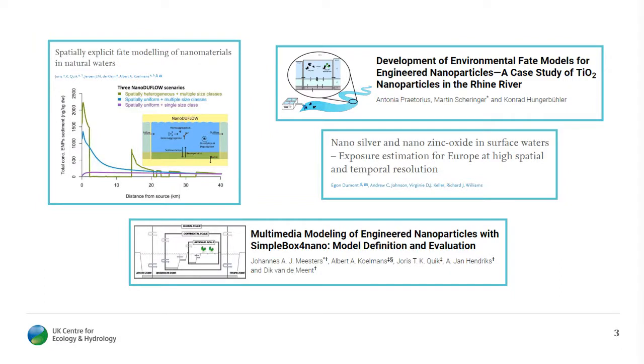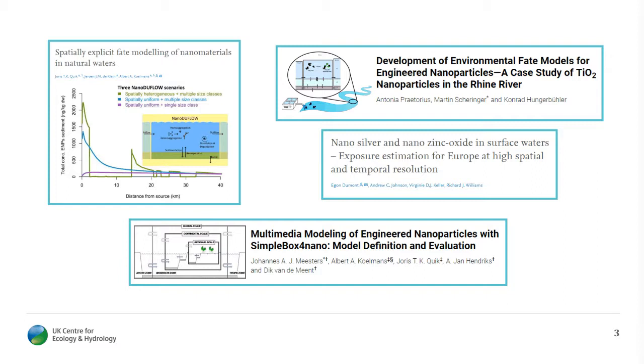And accordingly, over the past decade or so, there's been a plethora of different nanomaterial exposure models created of a variety of different shapes and sizes. So we have multimedia models, box type models that give you spatially average distributions in different environmental compartments. And you have models that give spatial and or temporal resolution, usually just in one compartment.